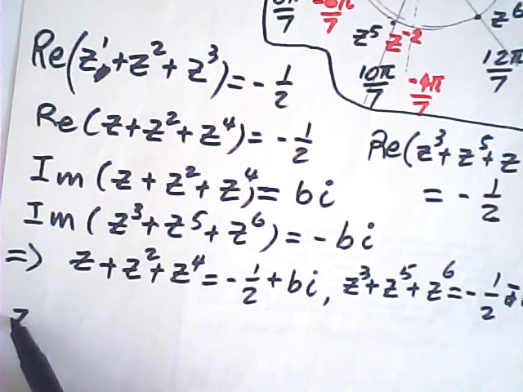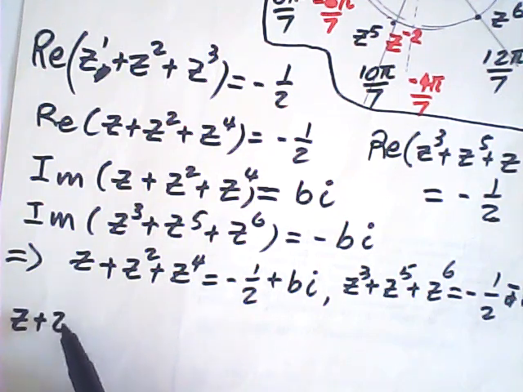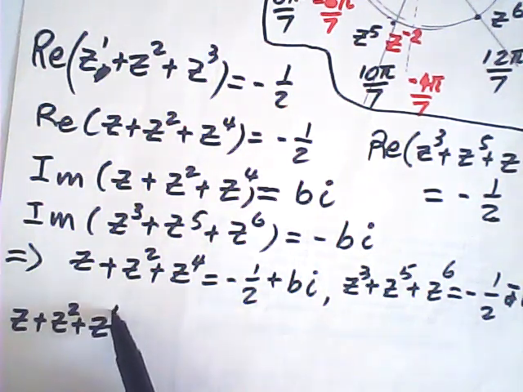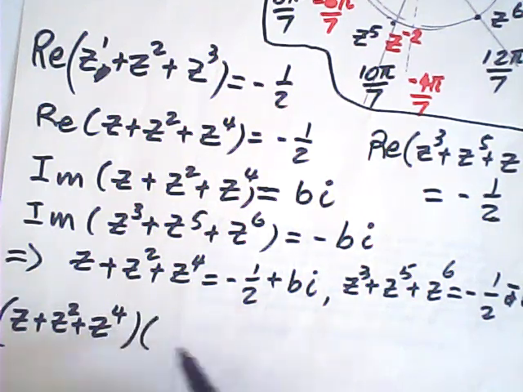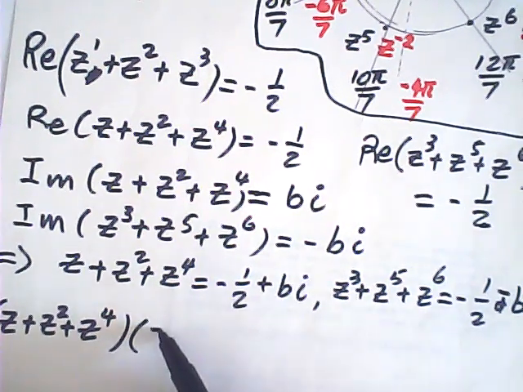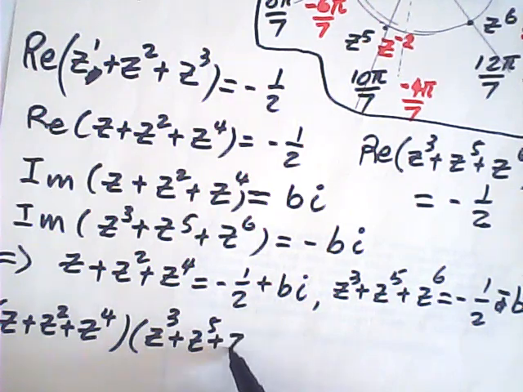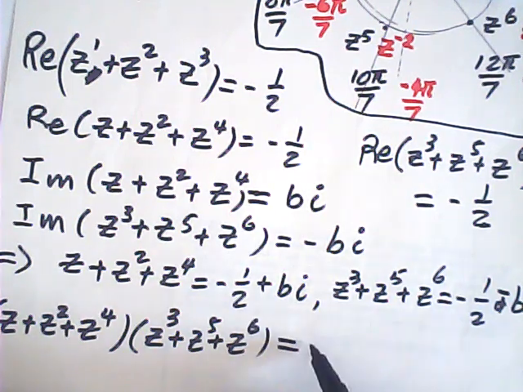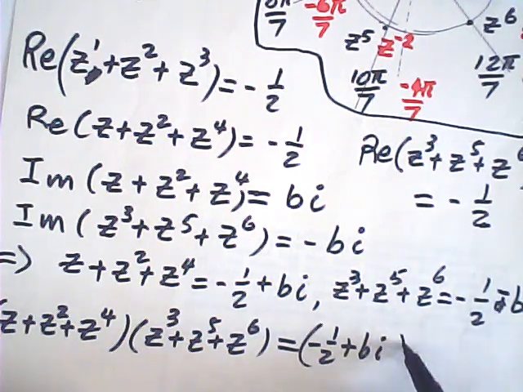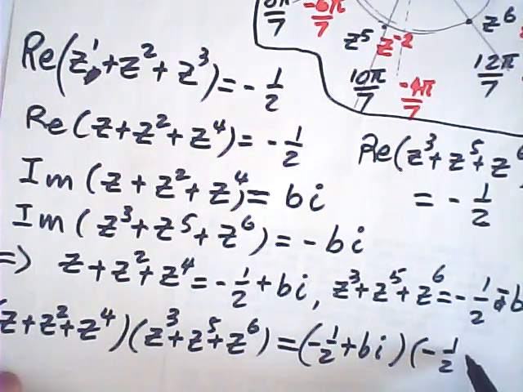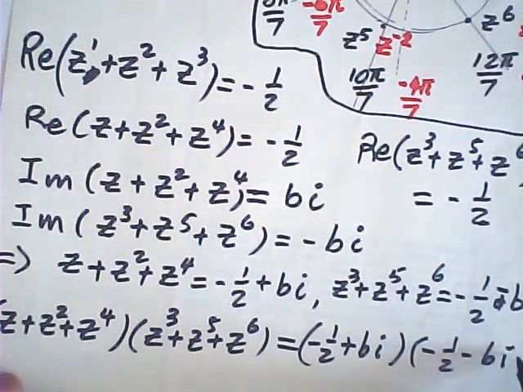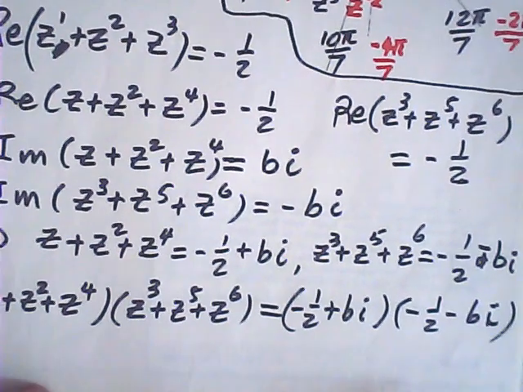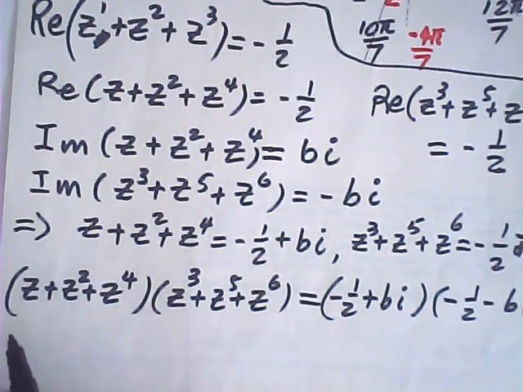Then we multiply z2 plus z4, multiplied by this, z3, z5, z6, will be equal to this times then, minus half plus bi times minus half minus bi. So this side is what?